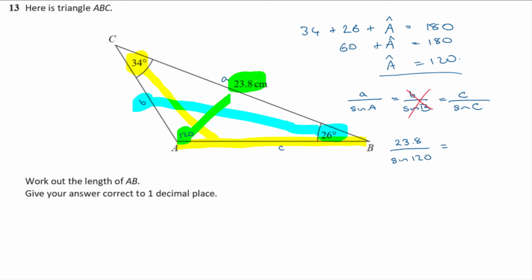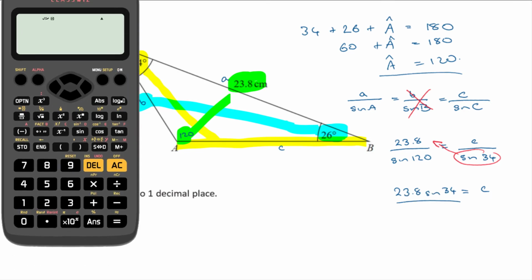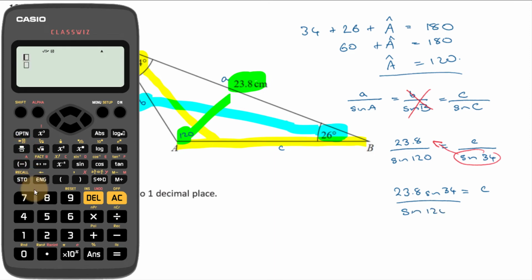And that's equal to C, the thing I'm trying to find, over sine C, which is the sine of 34. Now I just need to rearrange for C, by cross multiplying that sine 34 up there. So I'm going to get C is equal to 23.8 sine 34 over sine 120.